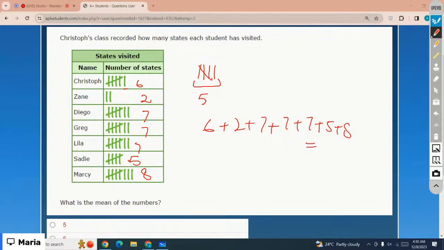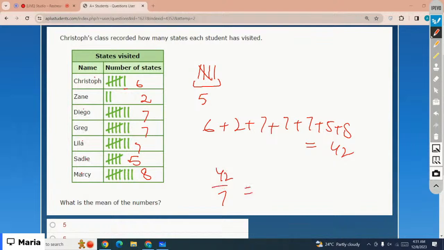Let's add all the values. The sum of these values, 6 plus 2 plus 7 plus 7 plus 7 plus 5 plus 8, is 42. How many values? 1, 2, 3, 4, 5, 6, 7. You need to divide 42 by 7. So 42 by 7 is 6.